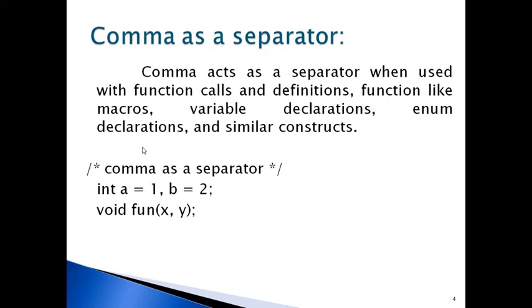Comma acts as a separator when used with function calls and definitions, function-like macros, while declaring the variables, enum declarations, and similar constructs. While declaring variables, we use the comma operator.